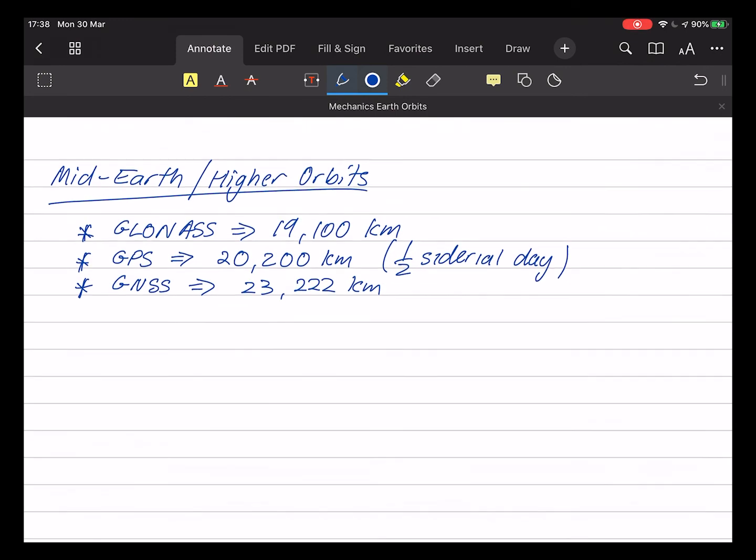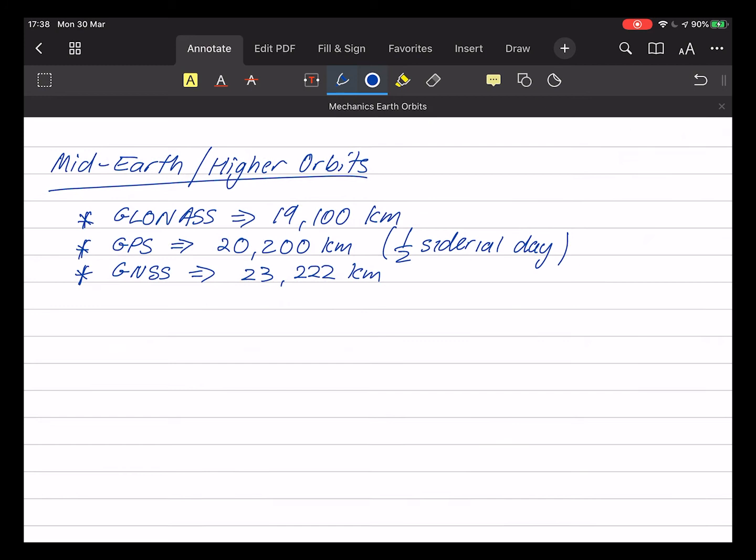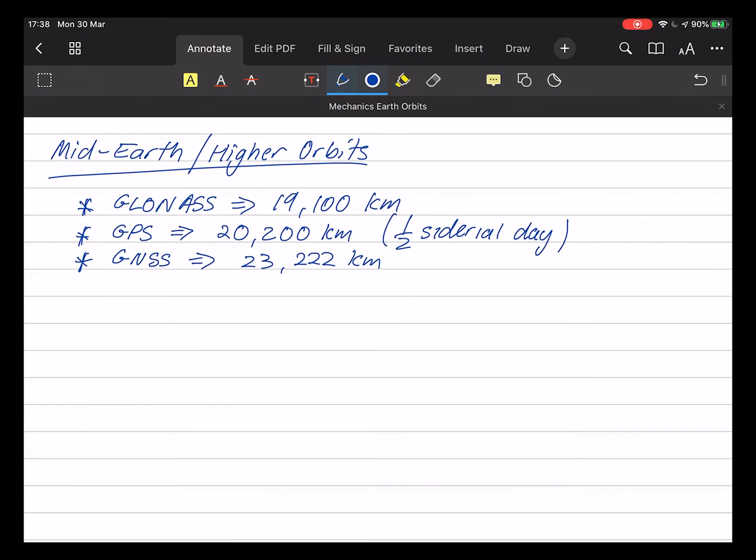All right, so next up, when we get really far out and being important, are the geostationary and geosynchronous orbits. There's a slight, subtle difference there.